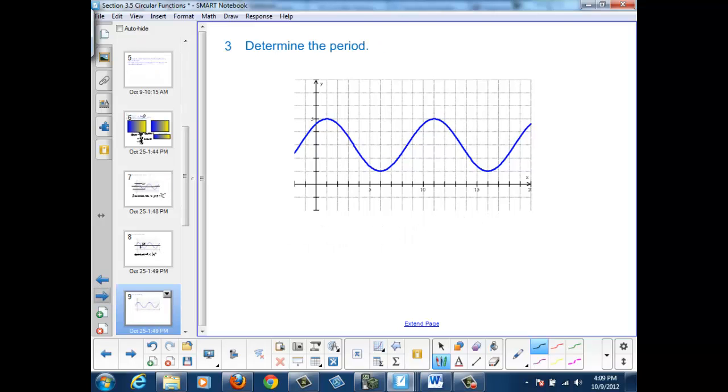To determine the period, we simply look at the distance between one maximum and the next. We go from 1 to 11, so the period is 10.